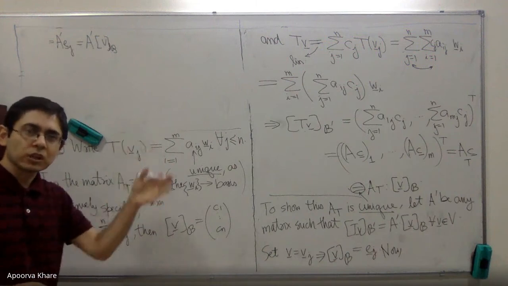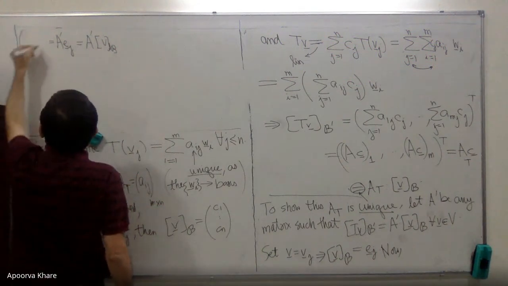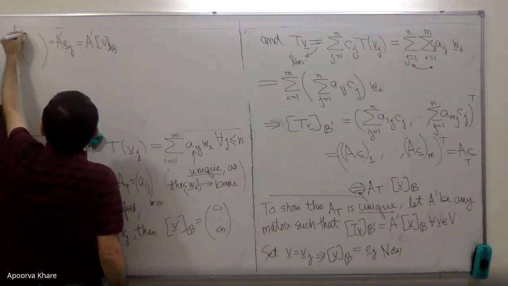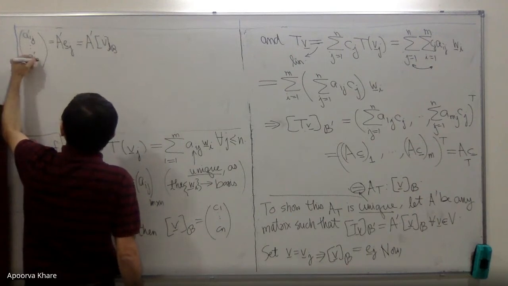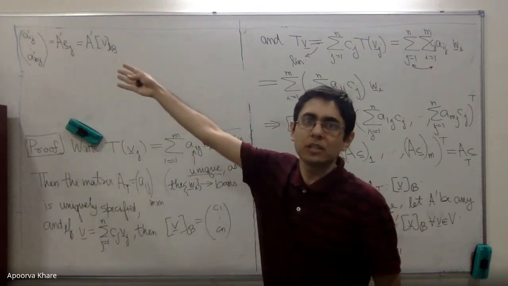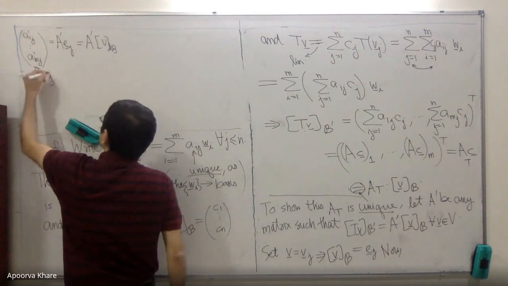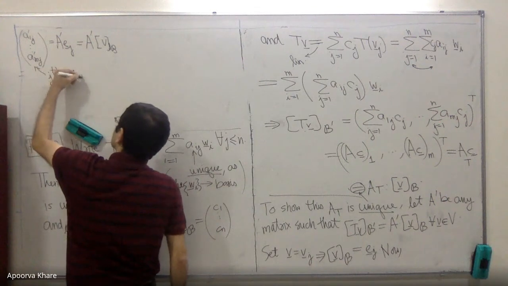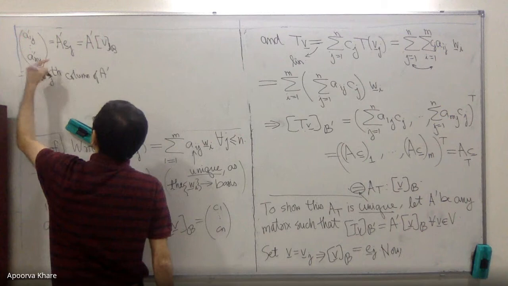Remember, it is the first column times the first entry, second column times second entry, and so on. So this is literally the jth column, A prime 1j down to A prime mj. So on the one hand, this is a matrix times the Ej vector, so you get the jth column of A prime.